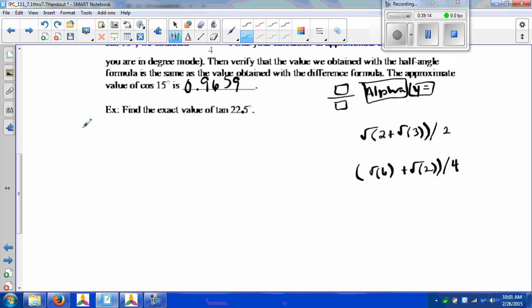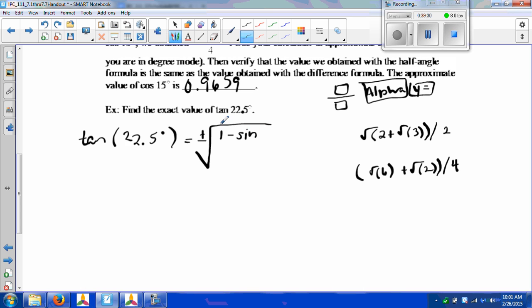So the tangent of 22.5 degrees is, I'm going to use the plus or minus square root one that I know. That's sine over cosine, so that's 1 minus the cosine of 45, over, and then for cosine, 1 plus the cosine of 45 degrees.